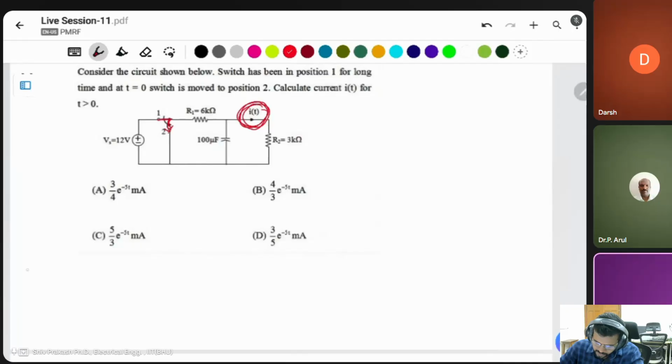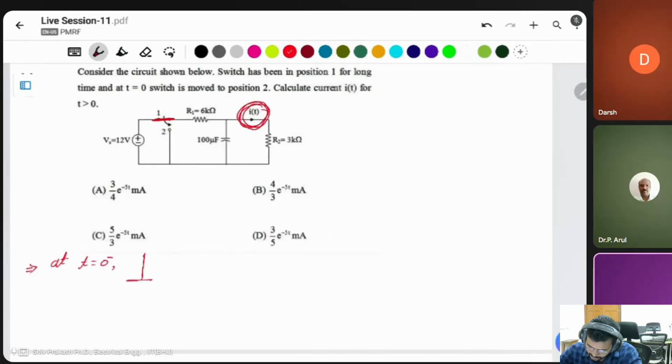Same phenomena, we have to find first of all the initial voltage, then the final voltage. At initial voltage, it means the circuit at t equal to 0 minus, you know this circuit is connected to this one.